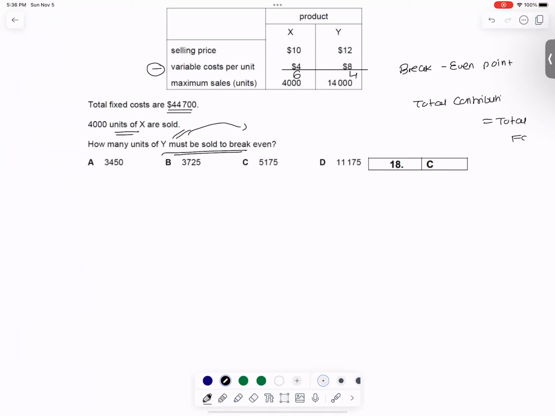You are already selling 4,000 units of X, so you're already recovering 6 from each of these 4,000 units. 4,000 into 6 is 24,000. So by selling 4,000 units of X, you are already recovering 24,000.